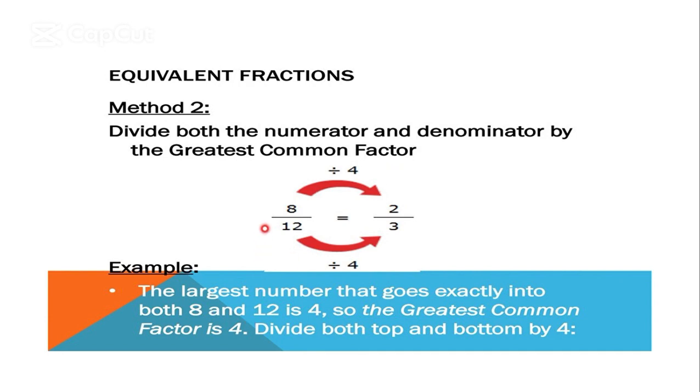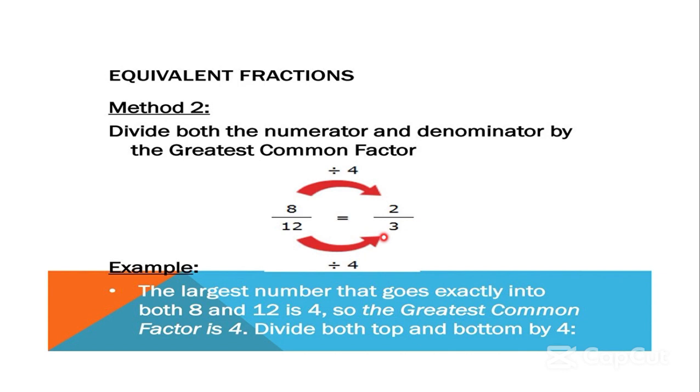It is the largest number that goes exactly into both 8 and 12, and that is equal to 4. So 8 divided by 4 is 2, and 12 divided by 4 is 3. That is why my final answer here is 2/3.